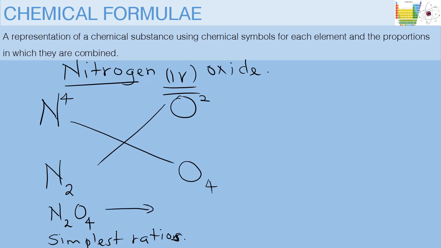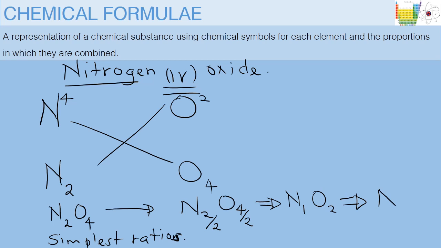In this case, we'll have to divide by 2. So we'll have nitrogen 2, oxygen 4. Then we divide this by 2, divide that by 2, and we'll end up with nitrogen 1, oxygen 2. But we ignore 1, and final answer is NO2. It takes some practice, but with time you're going to get the hang of it.